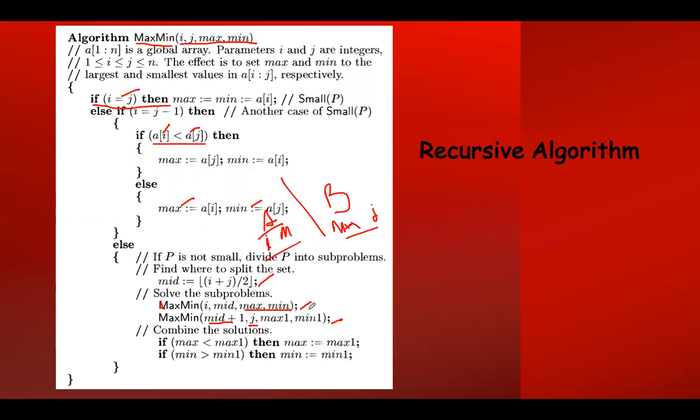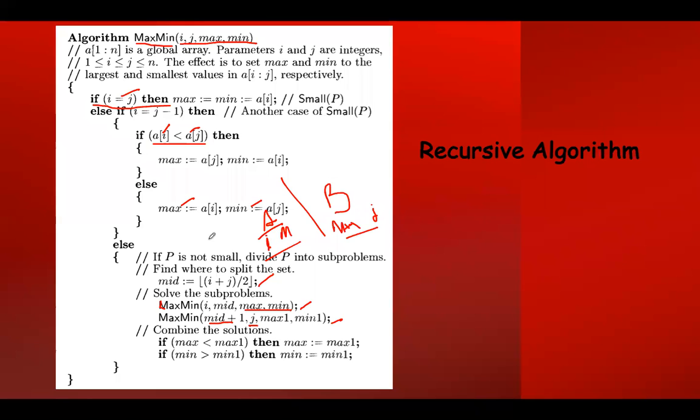Is it clear? So we have divided the array into part A and part B. For part A, I will call the max min algorithm once, and it will return the max and min element in this first part. For part B, I will call the max min array algorithm one more time. Here it will return max 1 and min 1. And then finally, for the final result, we have to combine these two results.